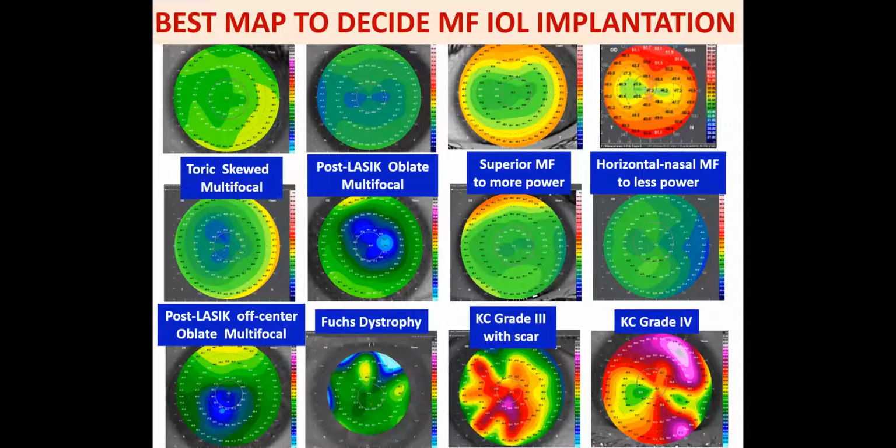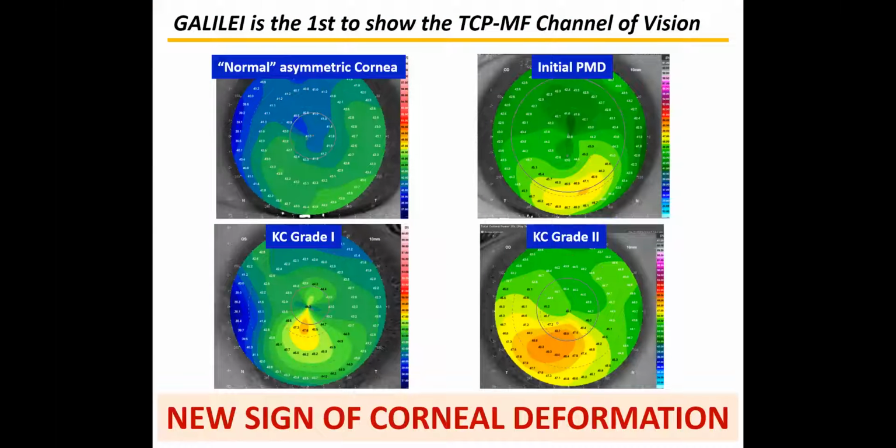So we can decide objectively, okay, if we wish to go to a patient with 20/20 happy and not 20/20 very unhappy. So the best map to decide multifocal IOL implantation is the total corneal power map, okay?